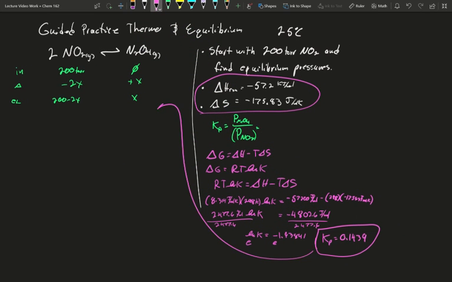We can use that to solve out our concentrations. For this, 0.1439 is going to equal our products over our reactants, which will be x divided by 200 minus 2x squared.